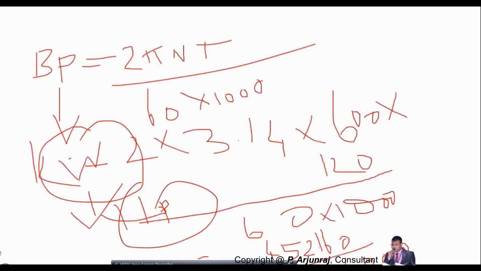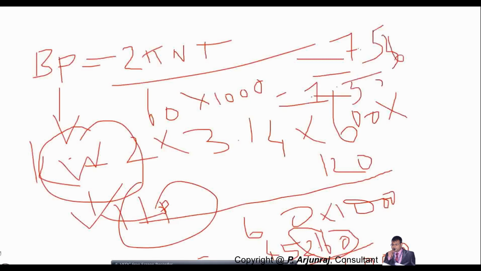So it is not 7.2. When you divide these two, you get 7.536. That is the value, and you can have it as 7.54 also.